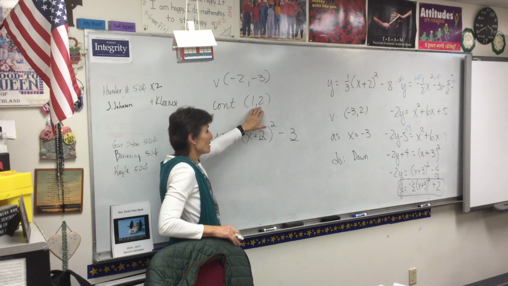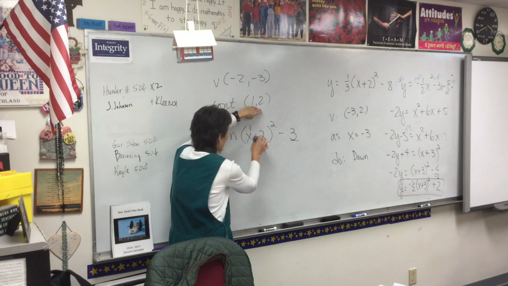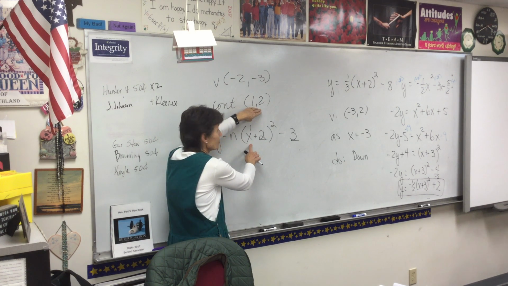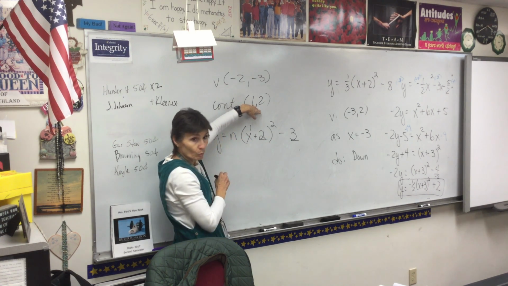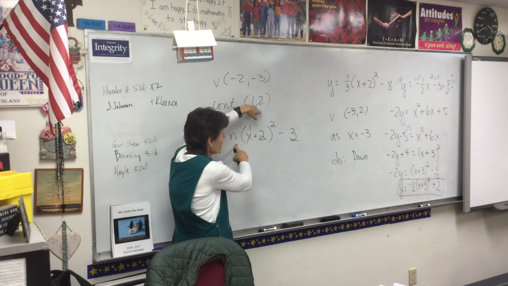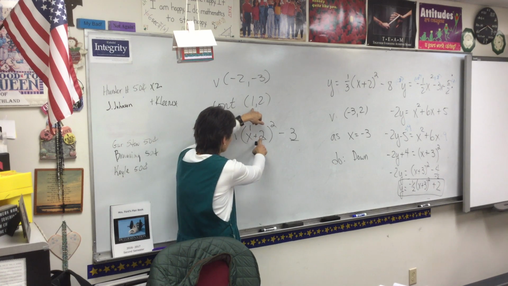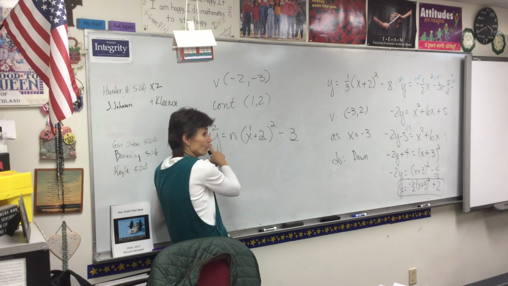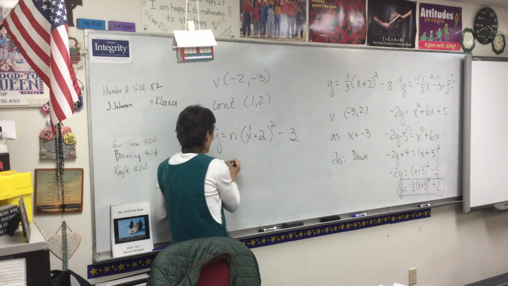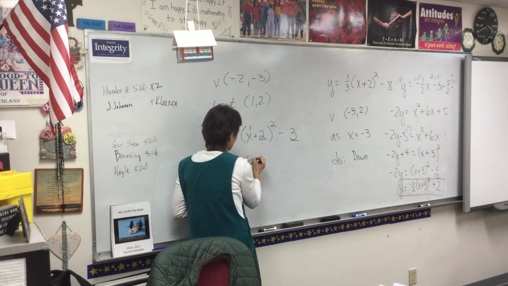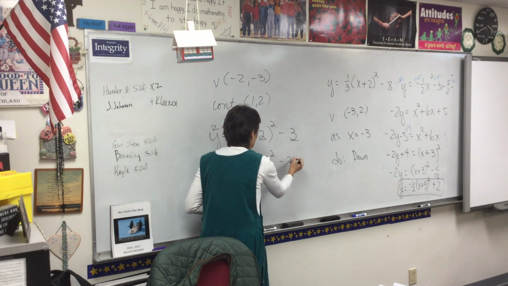That tells me that if I put a 1 in for the X and a 2 in for the Y, then I ought to be able to figure out what that number is, right? If 1 for X matches up with 2 for Y, then I have this equation.